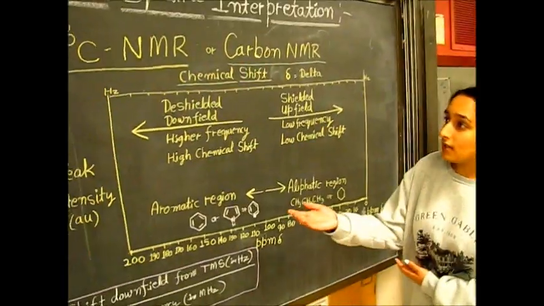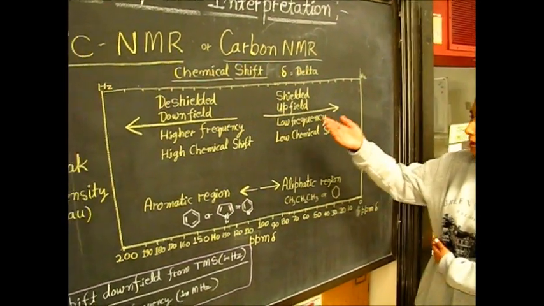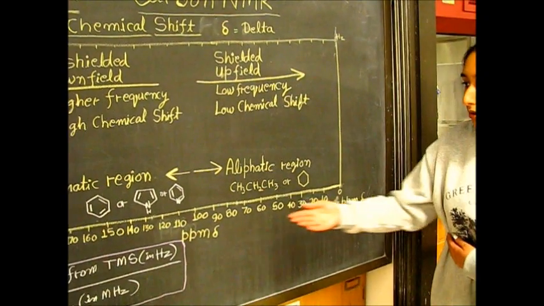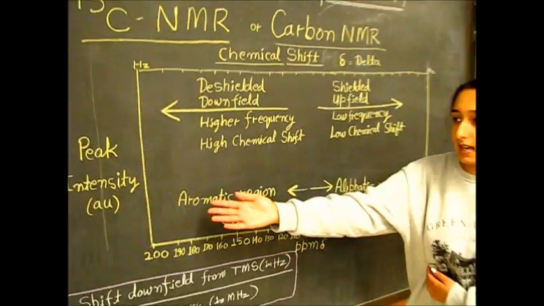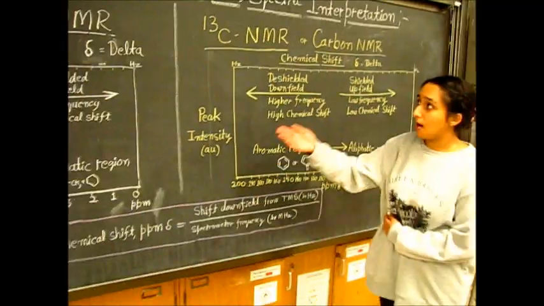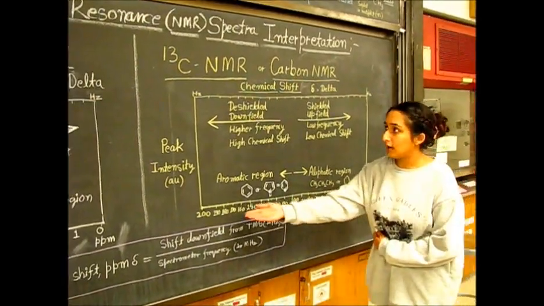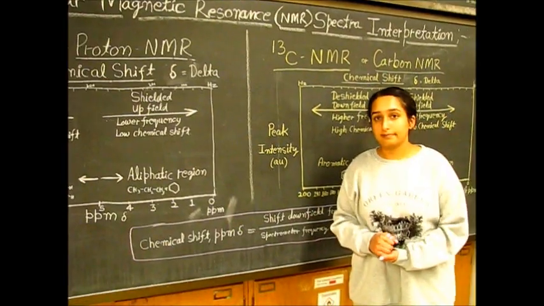Similarly, using the 13C NMR, or carbon NMR, we analyze the chemical shift using the delta ppm scale, which ranges from 0 to 200, and on the y-axis we have the peak intensity. One of the main differences between the 1H NMR and 13C NMR is the range: 0 to 200 in the 13C and 0 to 10 in the 1H NMR.